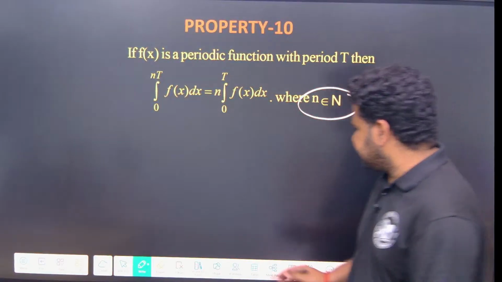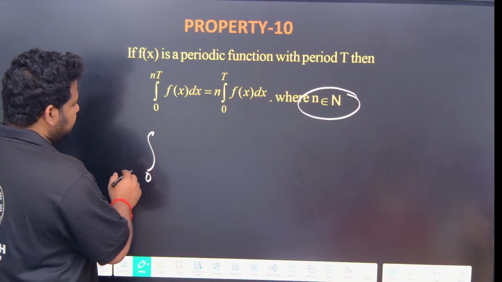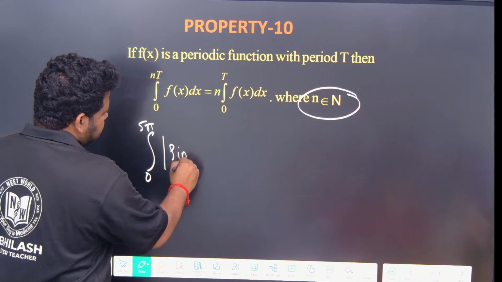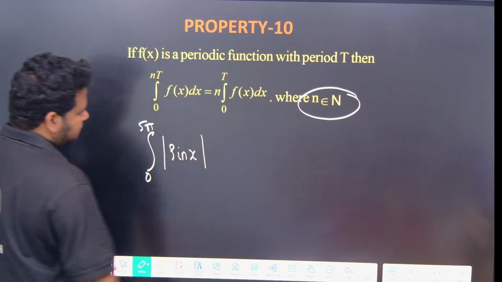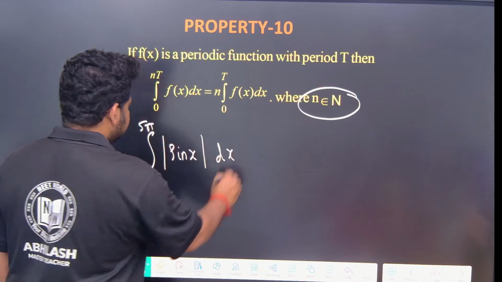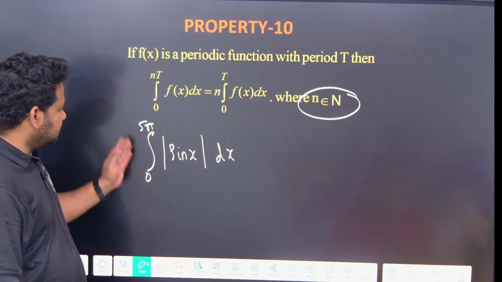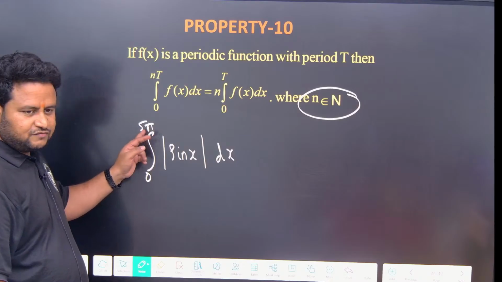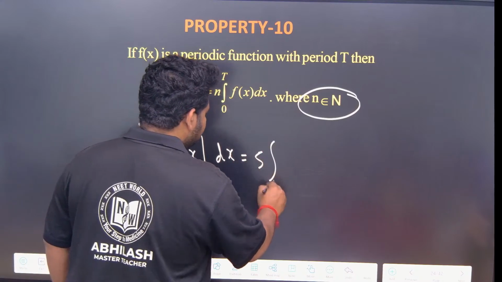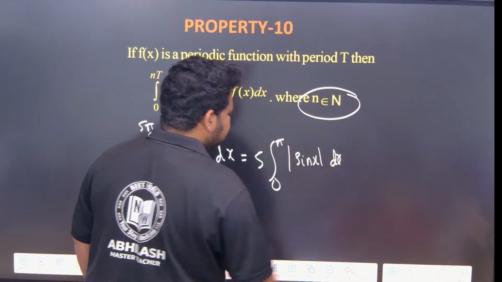Now if I take an example, the integral from 0 to 5 pi of mod sin x dx. We know that sin x is a periodic function. Then what I can do is, instead of writing 0 to 5 pi, I can write it as 5 times the integral from 0 to pi of mod sin x dx.